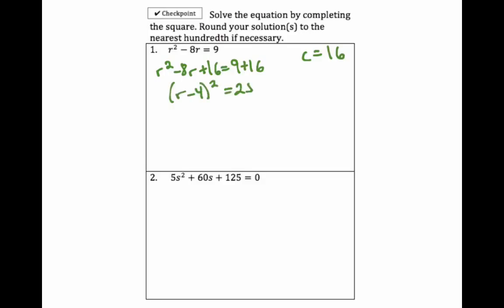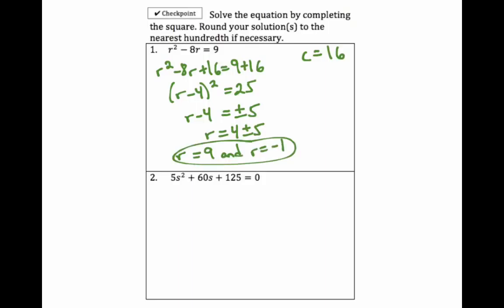And then I take the root of each side. And then I add 4 to both sides. And now I just need to identify my 2 solutions. If you didn't do the second one, pause and try it now. I'll warn you, it's not going to be as pretty as this. So you're going to want to have your calculator ready.